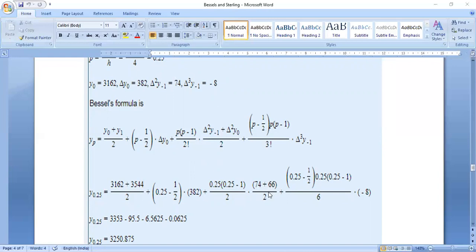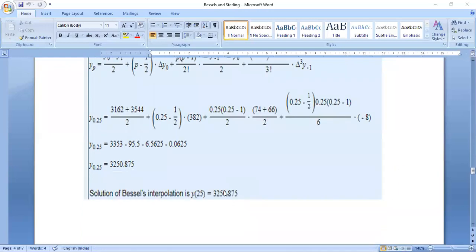So we are substituting the values, and next we are going to find the (p minus 1 by 2) p into (p minus 1) divided by 3 factorial, which is 6. Substituting all these values, finally I have y of 0.25 is equal to 3353 minus 95.5 minus 6.5625 minus 0.0625, and y of 0.25 is equal to 3250.875. Therefore the solution of Bessel's interpolation at x is equal to 25 is 3250.875.